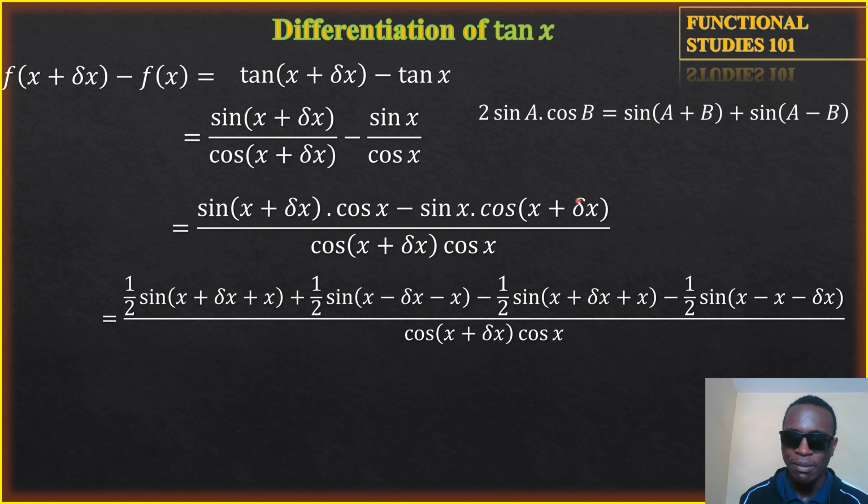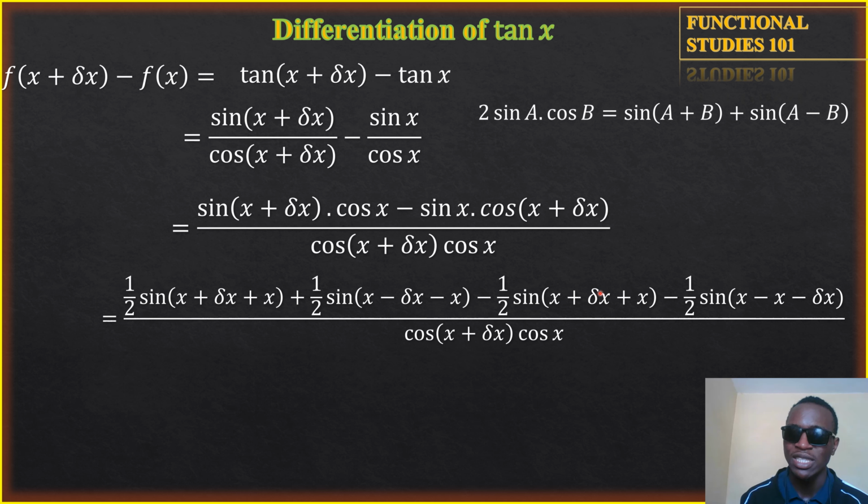This is a product of a sine function and a cosine function. So I come here. Remember there is a negative sign, so each of these terms will now be negative. So I have negative half sine of what? A plus B. This is my A and this is my B. So we'll be having x plus delta x. It is the same thing, x plus delta x, even if you write delta x plus x.